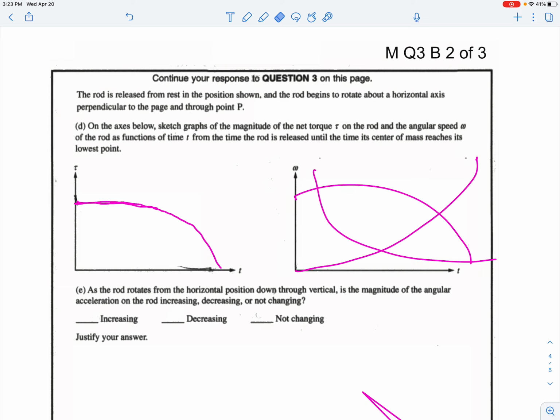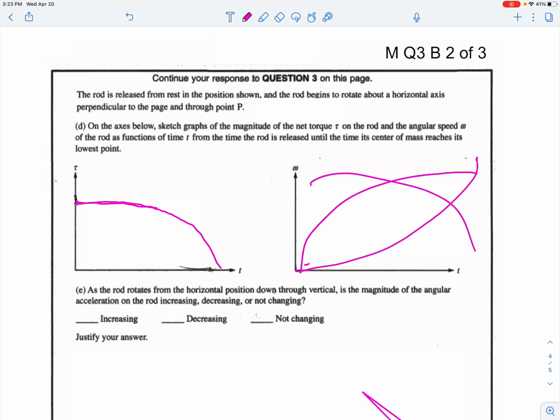Because the thing is speeding up, so it can't be that, and it can't be that. So it has to be increasing, but I forgot one. This one would indicate that it's speeding up forever, or increasing exponentially. That doesn't make any sense, so that's the only one that's left.